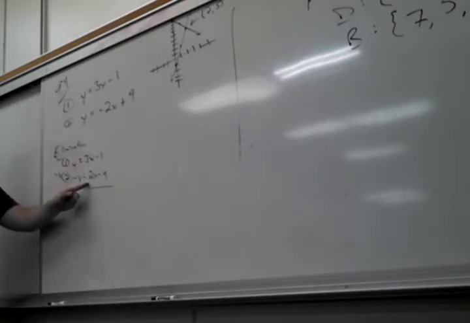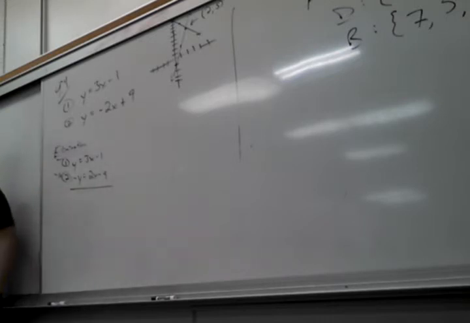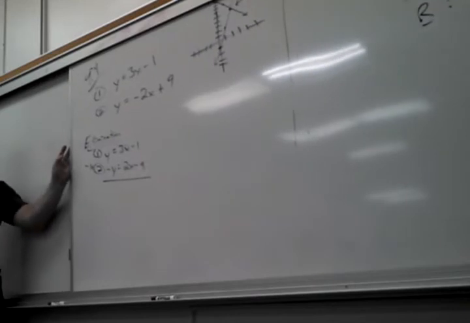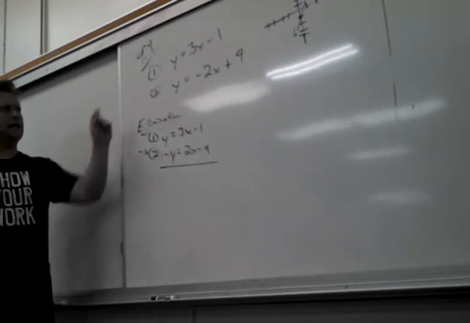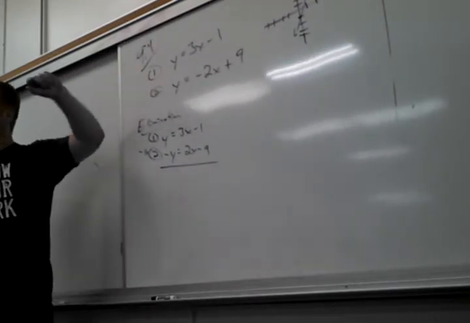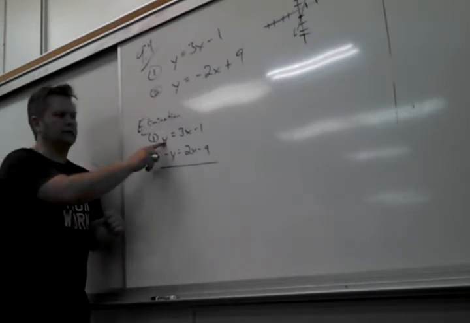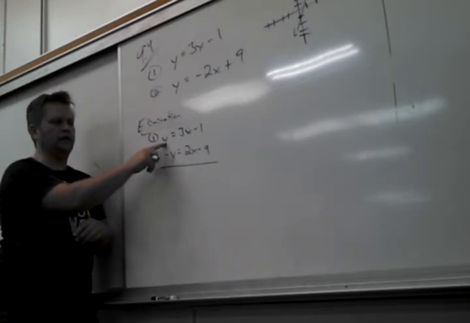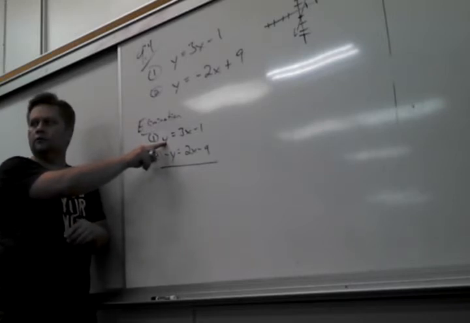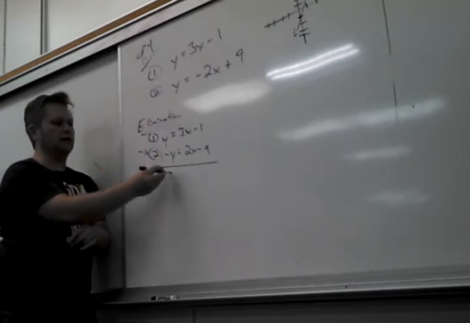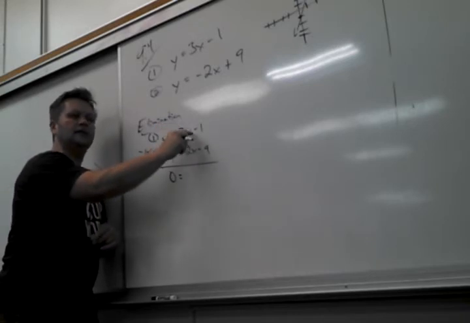Now, why am I allowed to add equations together? Because they're opposite. So, I could add these together right now if I wanted to. Why am I allowed to? Well, what am I adding to this side? I'm adding -y to this side, right? You with me? -y plus y is 0. I have to add the same thing to this side.